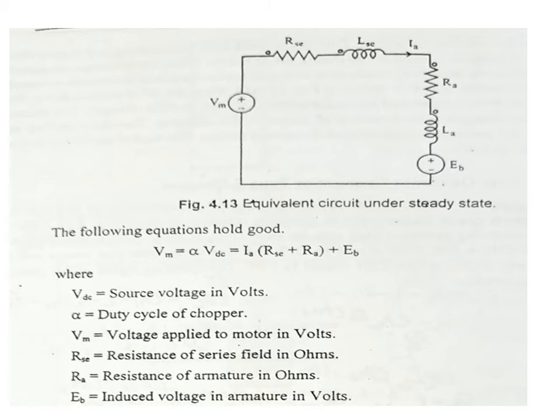Where VDC is the source voltage in volts, alpha is the duty cycle of the chopper, VM is the applied voltage to the motor in volts, RAC represents the series field resistance, RA represents the resistance of the armature in ohms, and EB represents the induced voltage in volts.